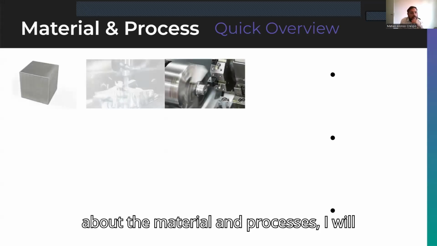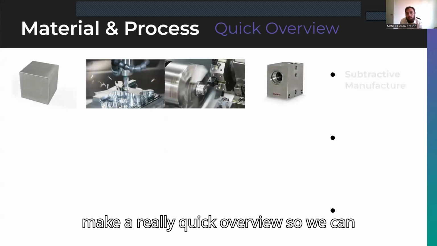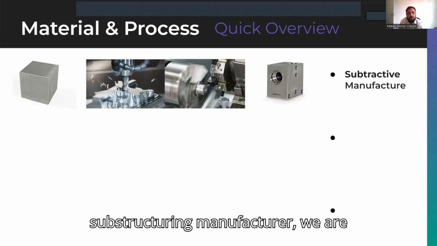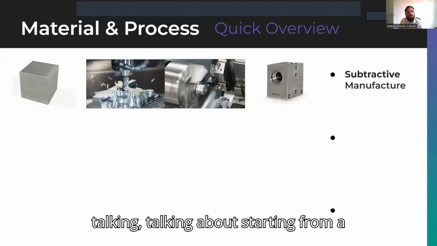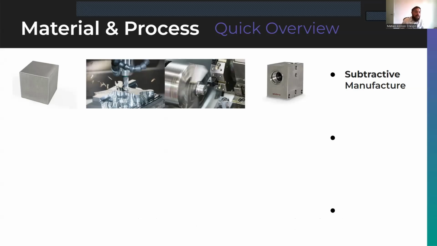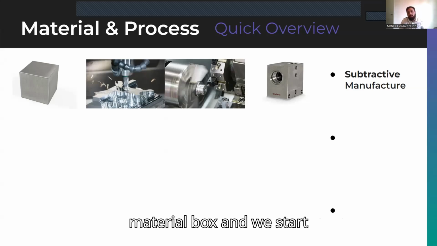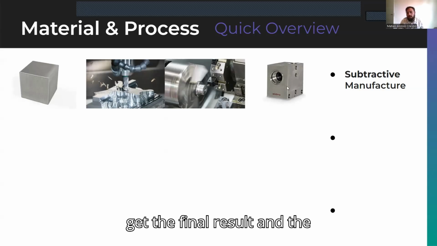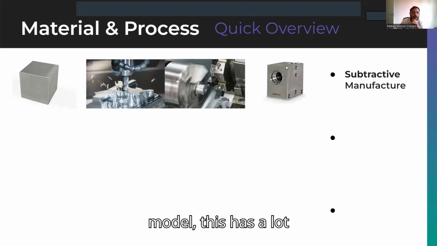About the materials and processes, I will make a really quick overview. When we talk about subtractive manufacture, we are talking about starting from a block of material, and we start carving, milling and machining it to get the final model.